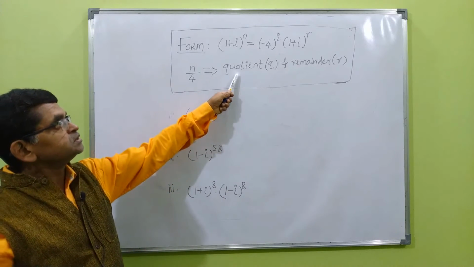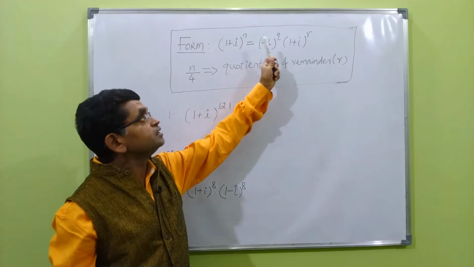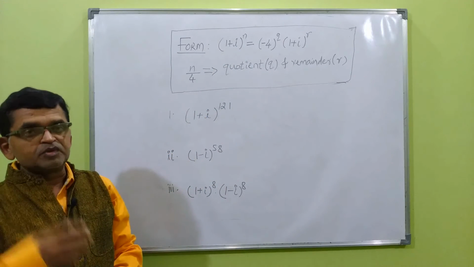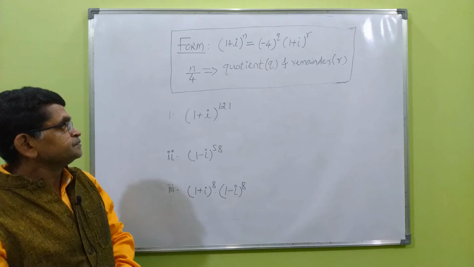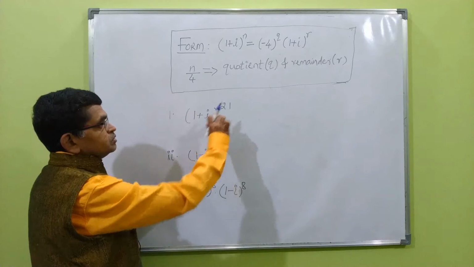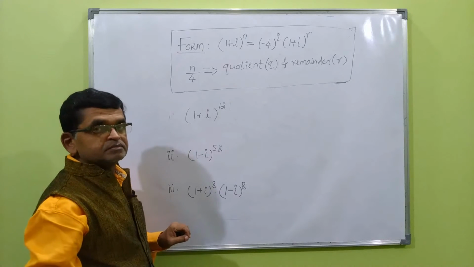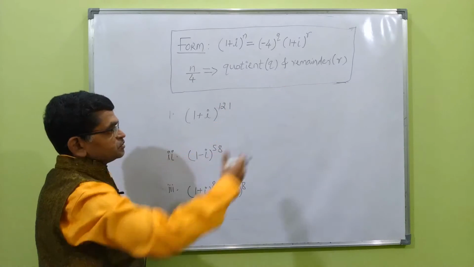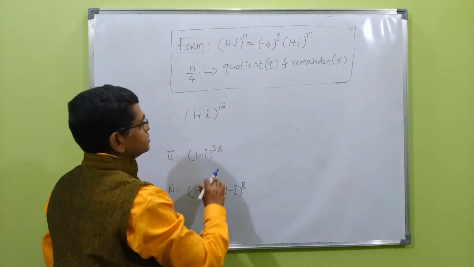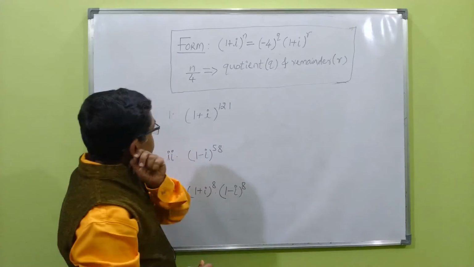By using this only you can simplify the given complex number in the form of powers. To find (1 plus i) raised to 121, imagine how many terms it will take, 122 terms. It is not easy to write out the terms and simplify later.